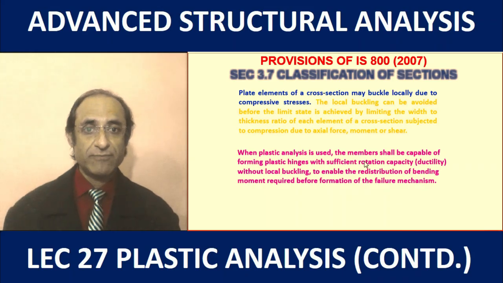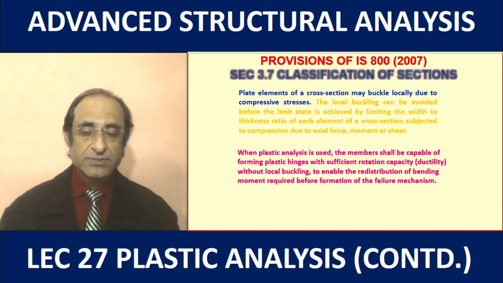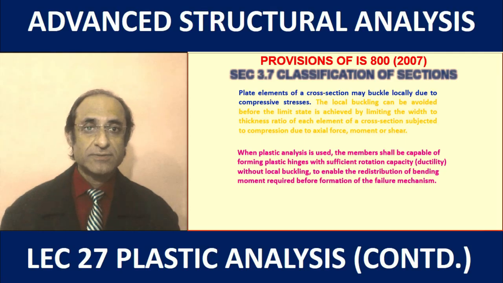That is, it should have high ductility, and this should be achieved without any sign of buckling, so that the plastic hinge serves as a proper hinge. It undergoes a large amount of rotation, so that when the next hinge is being formed, till that point this hinge remains in operation. It does not undergo any kind of rupture.